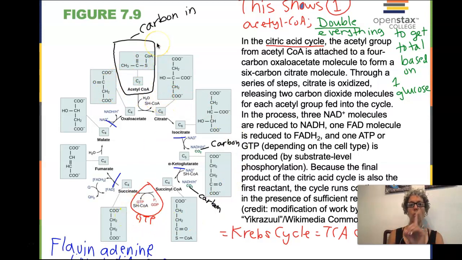So with one acetyl coenzyme A coming in, we produce 2 carbon dioxides, 3 NADH energy molecules, 1 FADH2 energy molecule, and 1 ATP.